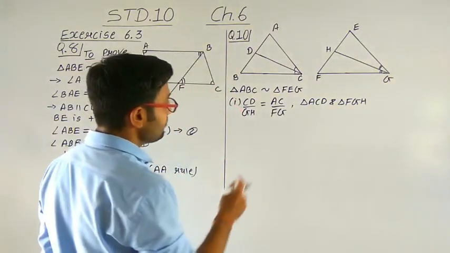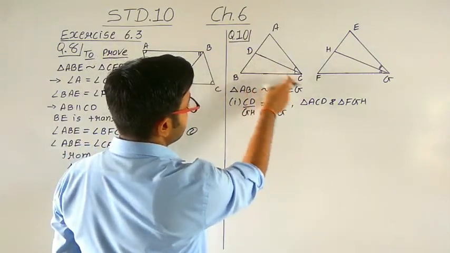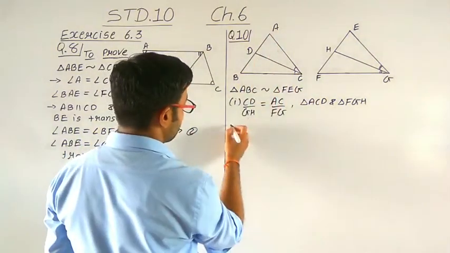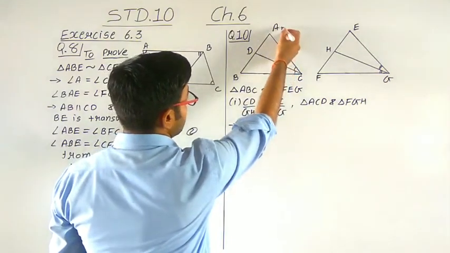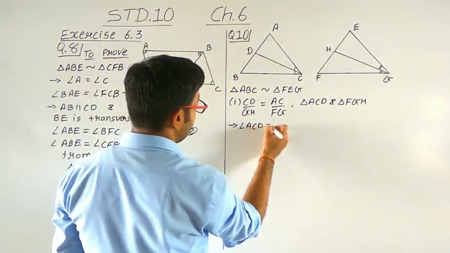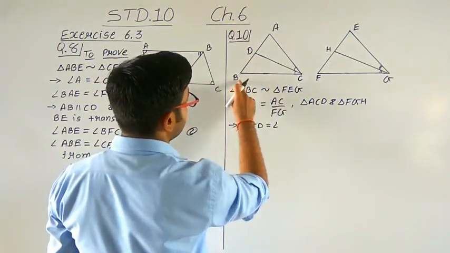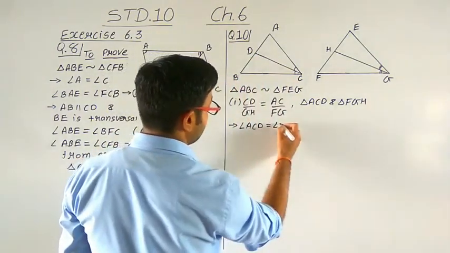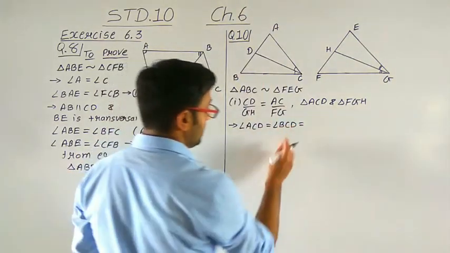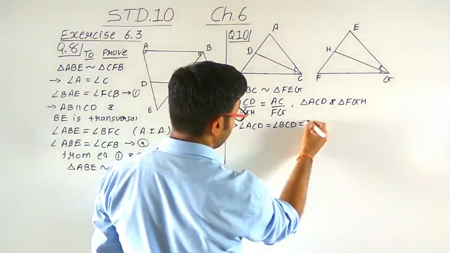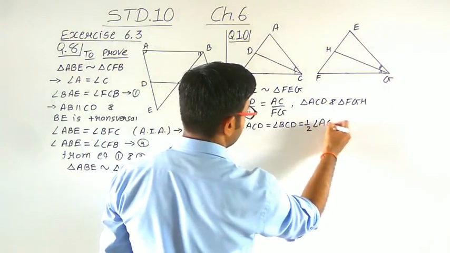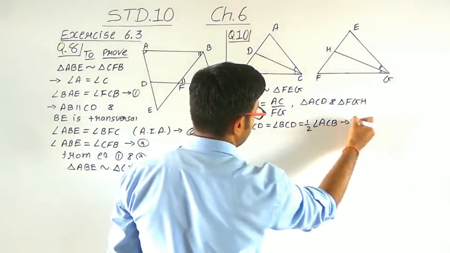Let us see. Here it is given that CD is the angle bisector of angle ACB. So angle ACD will become equal to angle BCD, and these two are equal to 1/2 of angle ACB, right? Give it equation number 1.